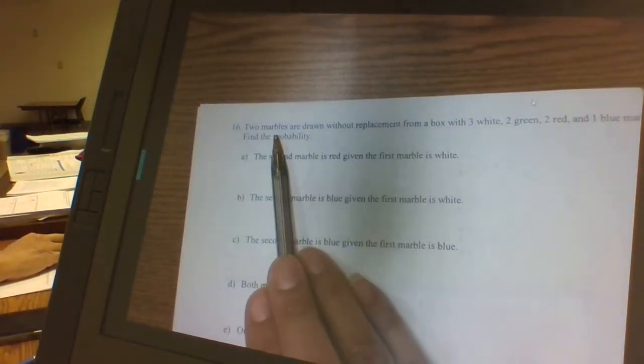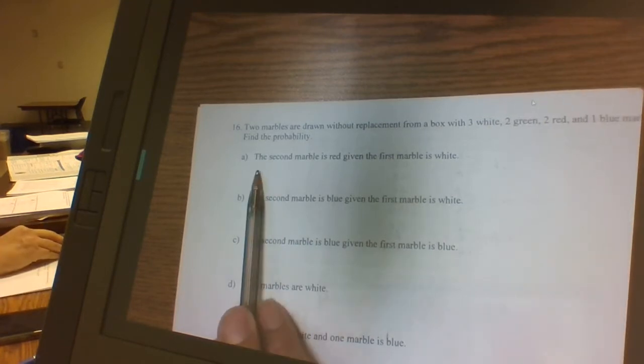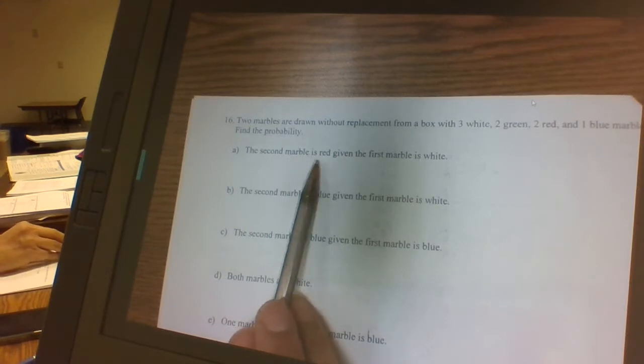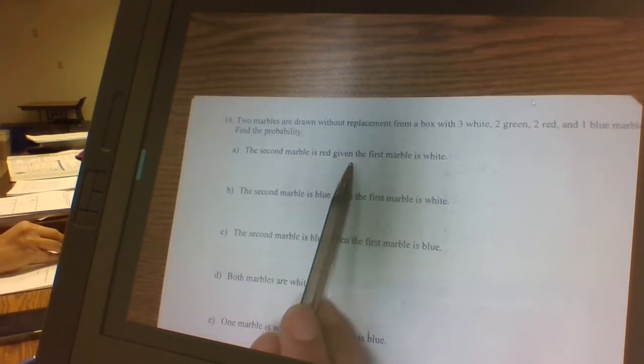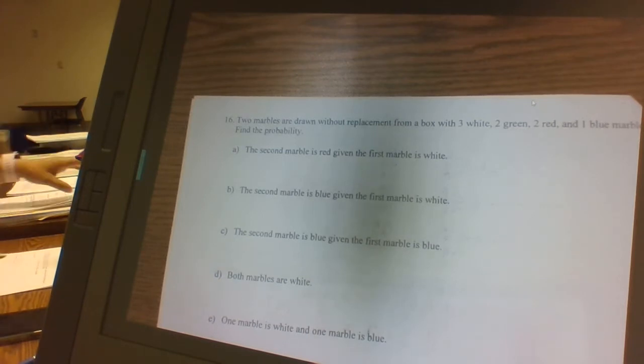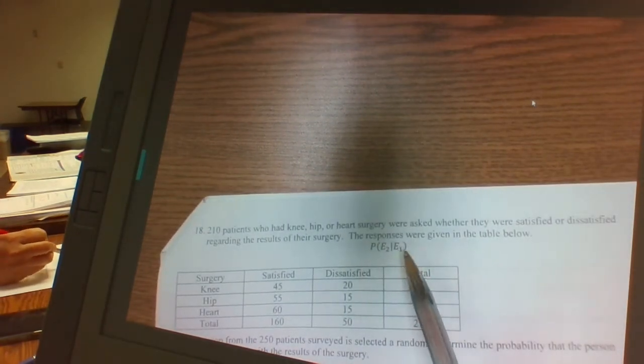It's the same thing, but the way they ask the questions are different. What is the probability that the second marble is red, given that the first one is white? So this is the one where we use this formula. First, we need to make sure event 1 happens.